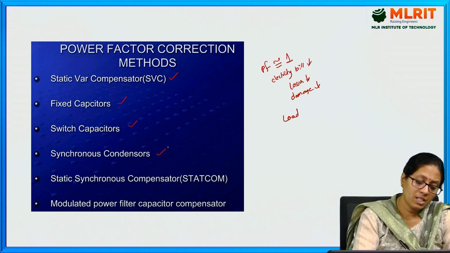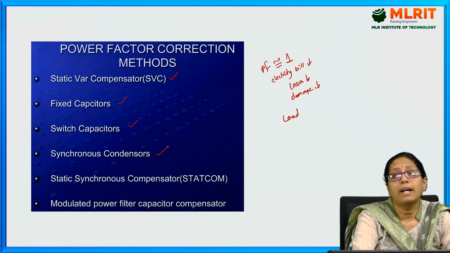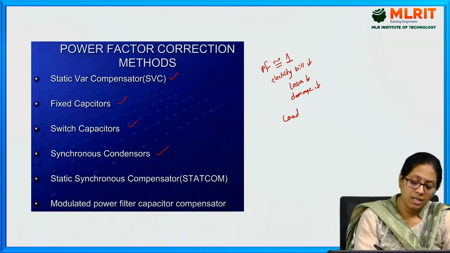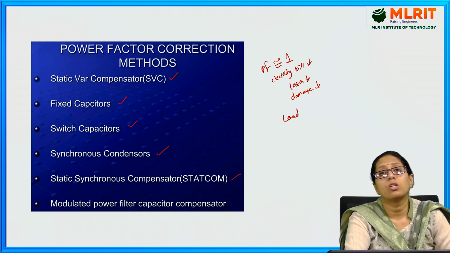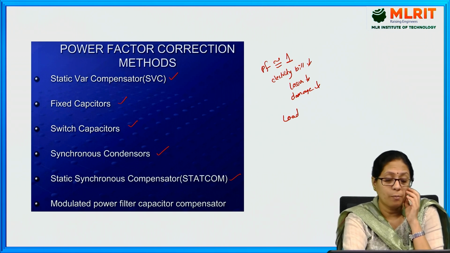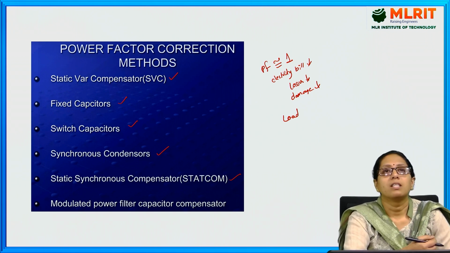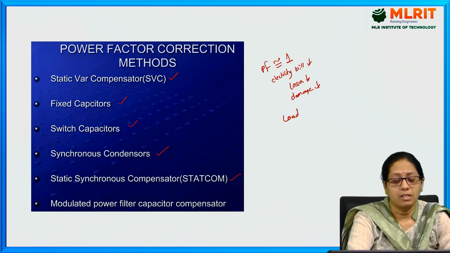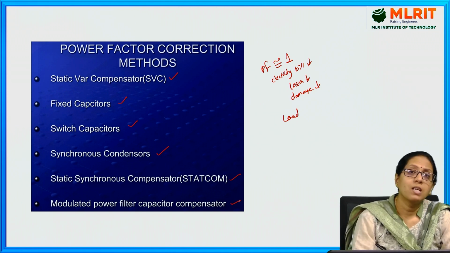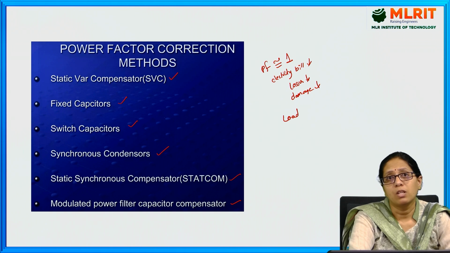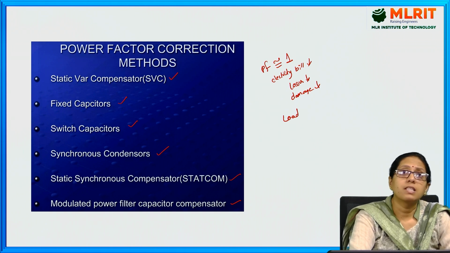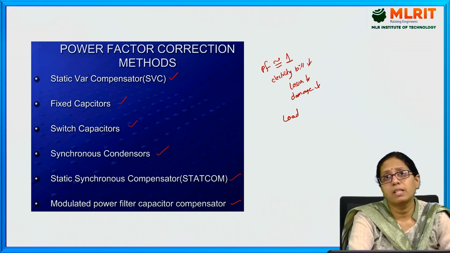The next one is synchronous condensers, and the next one is static var compensator, which is also called StatCom, static synchronous compensator. The last one is the modulated power filter capacitor compensator. So here you can see six different types of compensators in order to improve the power factor.